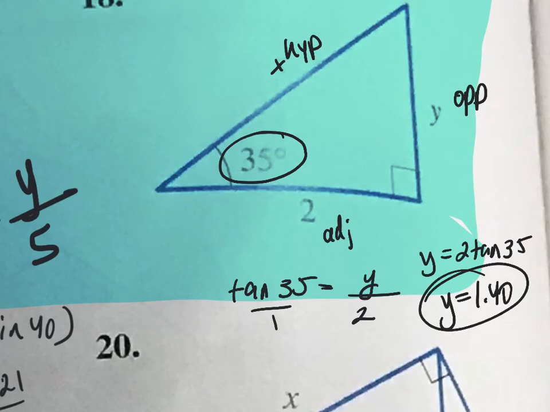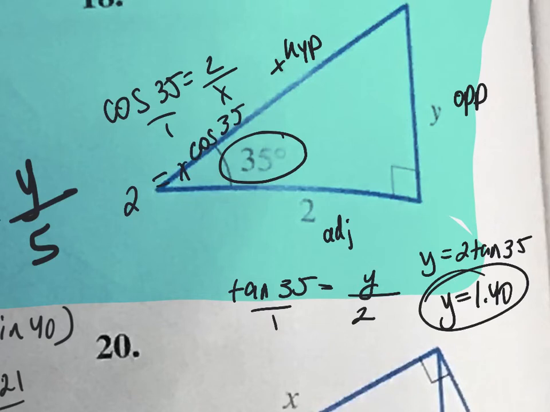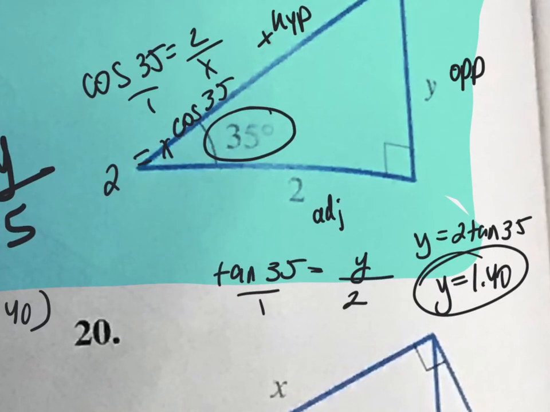And then if I wanted to find x, what trig function would you use for x? What uses adjacent and hypotenuse? Cosine. So it would be cosine of 35 equals adjacent over hypotenuse. This is a little different, guys. So I have 2 equals x times the cosine of 35. How do I get x by itself?